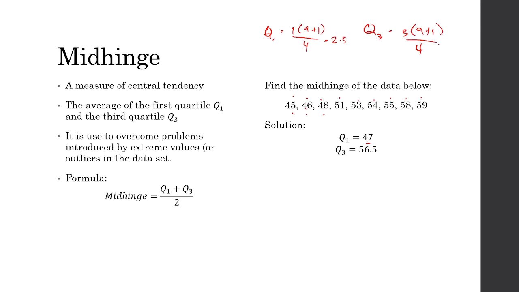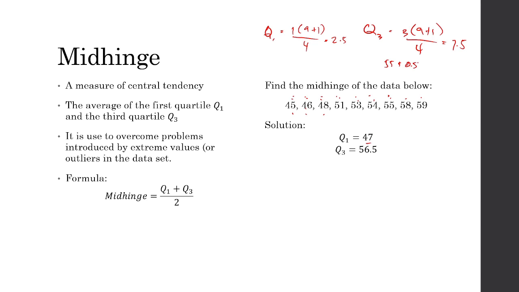And for the third quartile, we have there 3 times 9 plus 1, so we have there 4. Okay? So that will be 10 times 3, 30 divided by 4. That will be 7.5. Okay? 1, 2, 3, 4, 5, 6, 7. 55 plus 58. Since 0.5, we can actually use the interpolation.